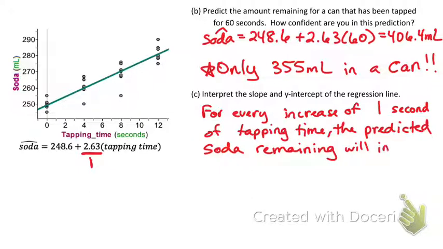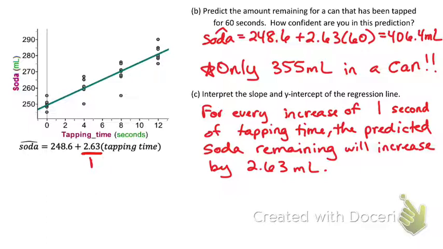So we're going to increase by 2.63 milliliters. So you've got a can that's been shaken vigorously for 40 seconds. Is it worth the extra second to tap a little bit longer to get 2.63 milliliters of soda remaining per second? I mean, I guess, sure.